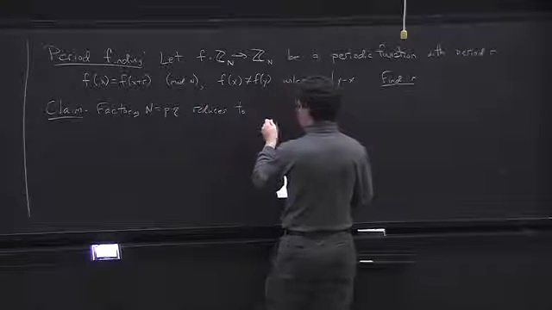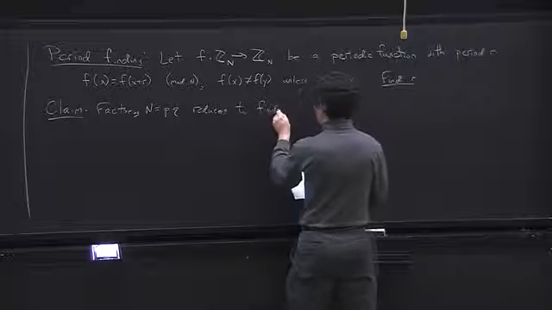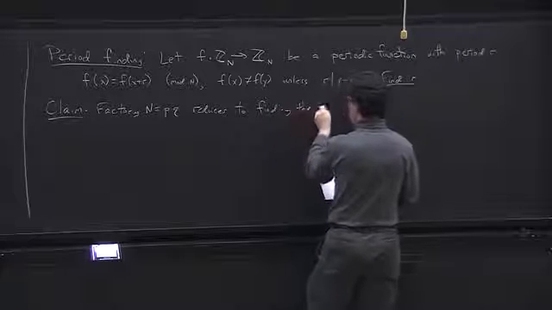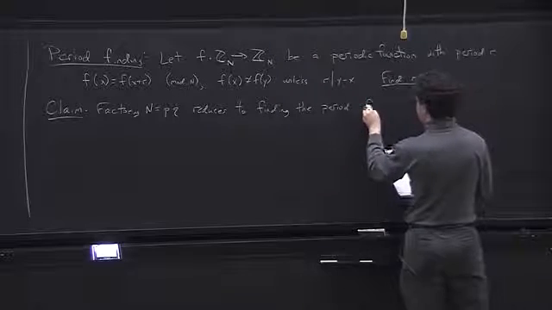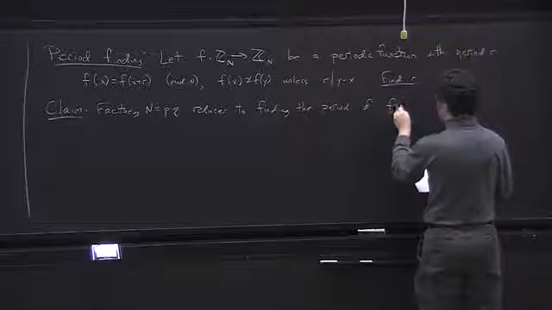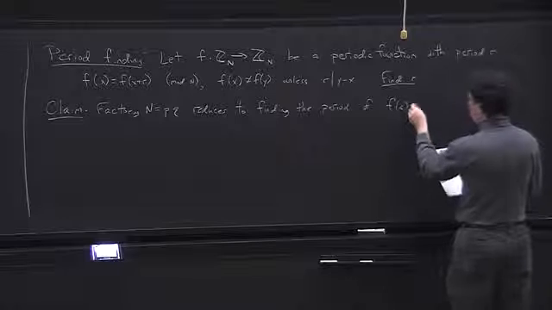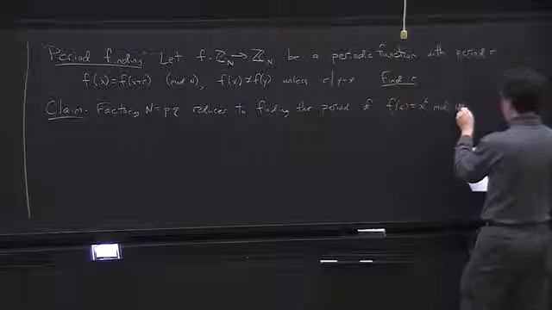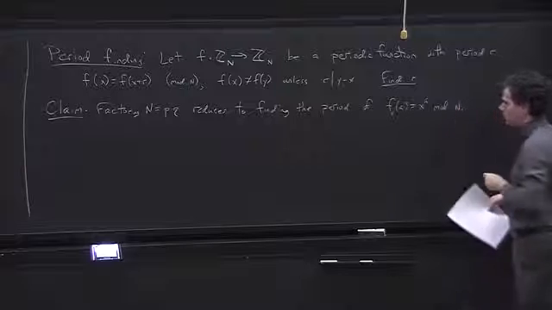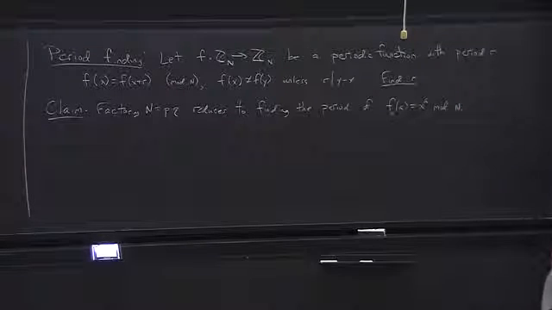And in particular, we want to find the period of this function, f of a, which is x to the a mod n. And we're going to do this for multiple different x's. So it should be possible to do this in general.